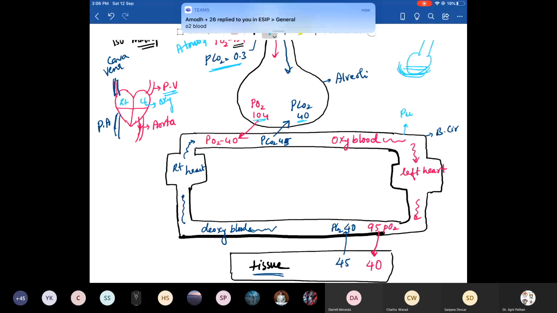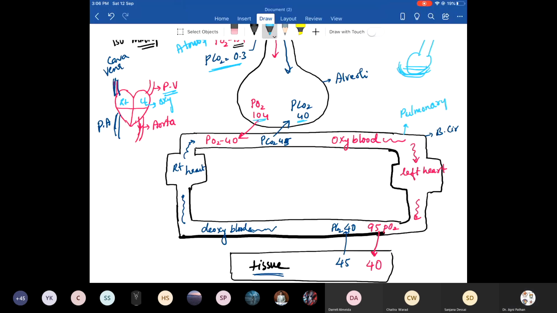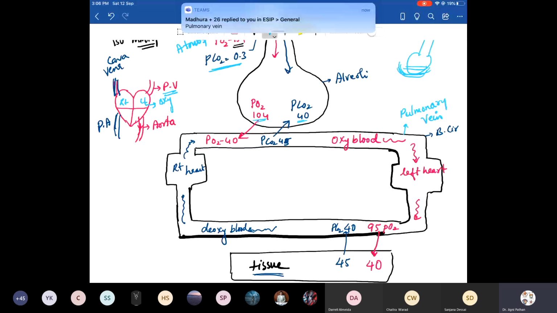Pulmonary vein brings the oxygenated blood. The pulmonary vein is coming from the lungs. We'll study this in the circulatory system, but remember, the pulmonary vein brings oxygenated blood.